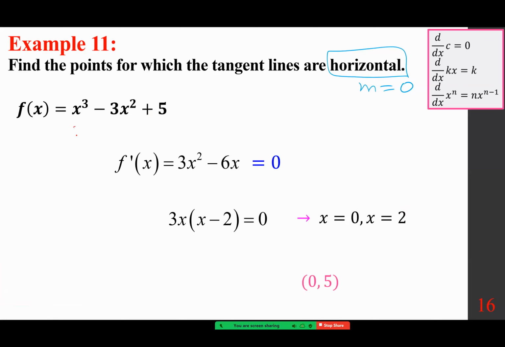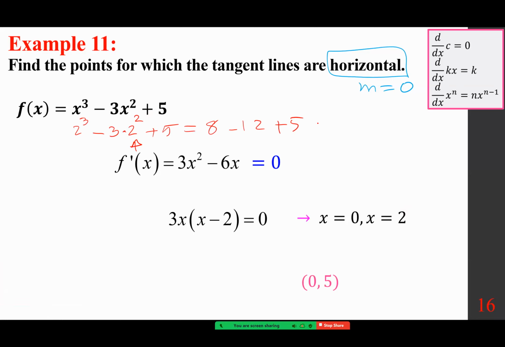So if I plug in 2 here, I get 2 cubed minus 3 times 2 squared plus 5. 2 cubed is 8. 2 squared is 4, minus 3 times 4 is minus 12, plus 5.